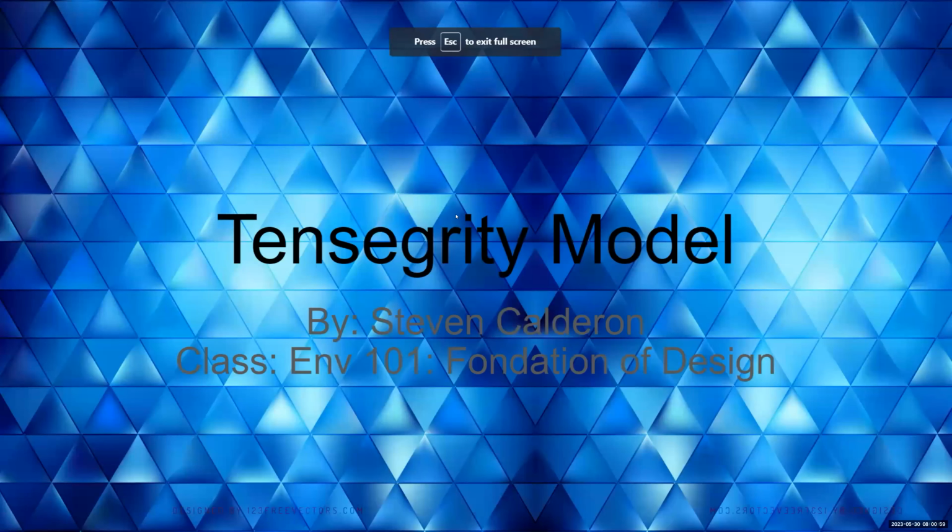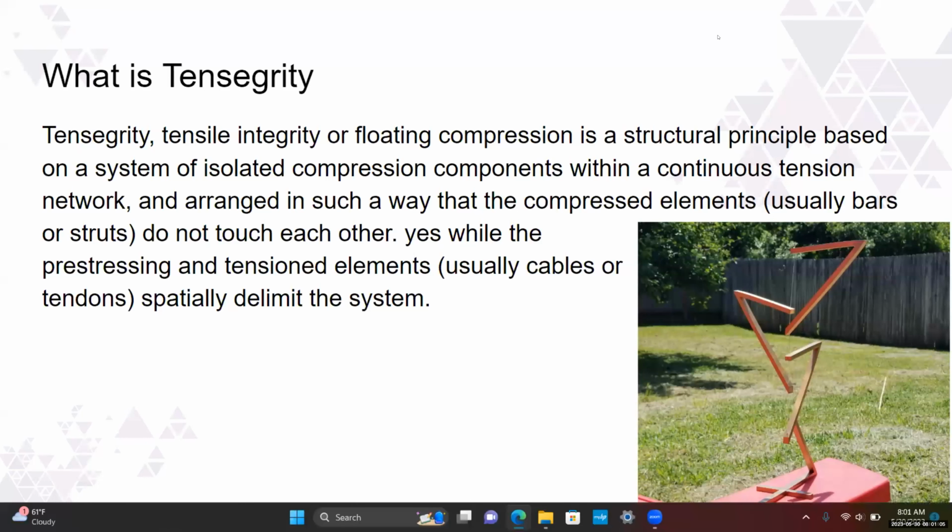The last one I'll present is the tensegrity model. What is tensegrity?